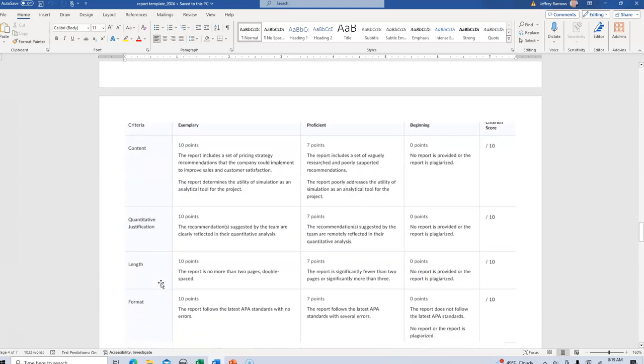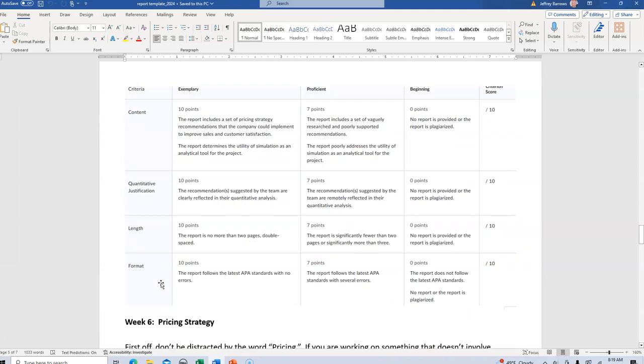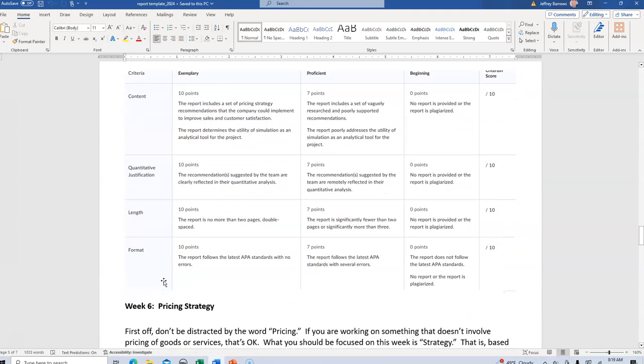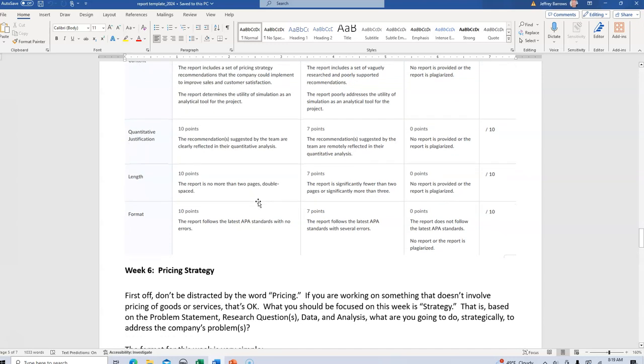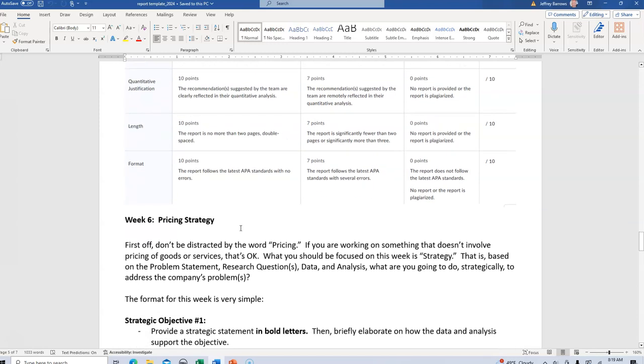Then you get to week 6. This is going to be based on the problem statement, research questions, data and analysis. How are you going to drive strategy based on what you want to accomplish and what your data is telling you?